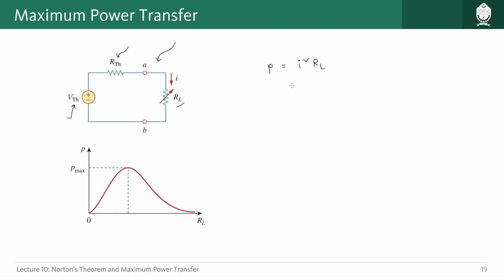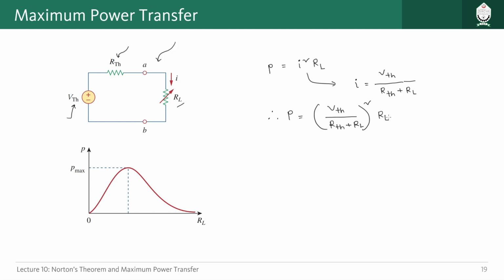This current I should be equal to the total voltage supplied, VTH, divided by the total resistance of the circuit, which is RTH plus RL, right? So we can replace the value of I here, and finally we get that P is equal to VTH divided by RTH plus RL, whole squared, multiplied by the resistance RL.